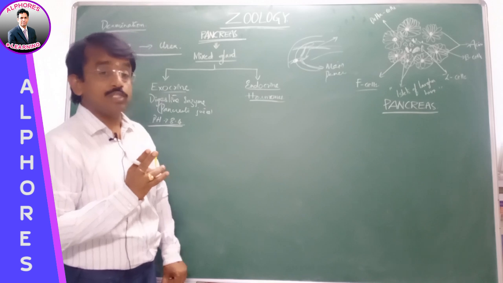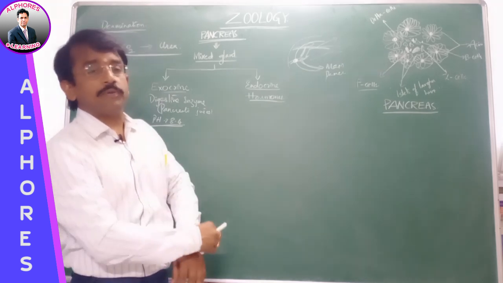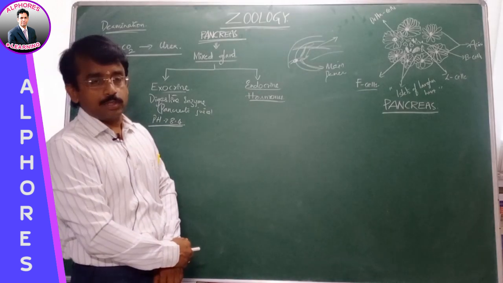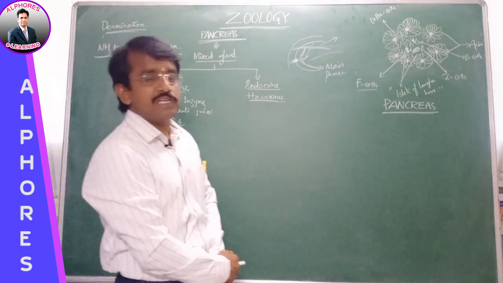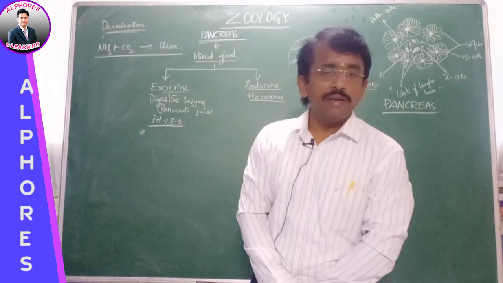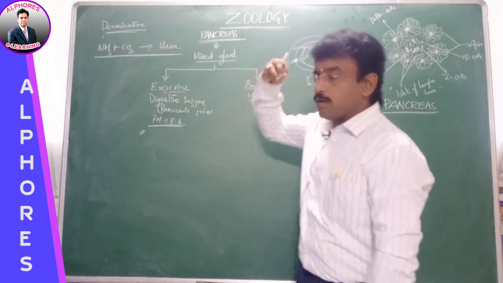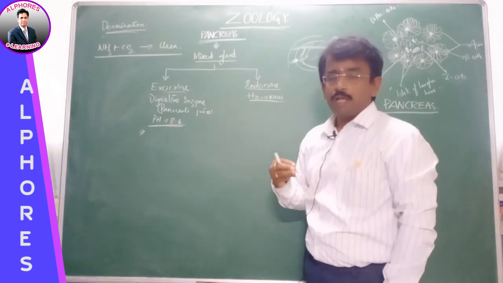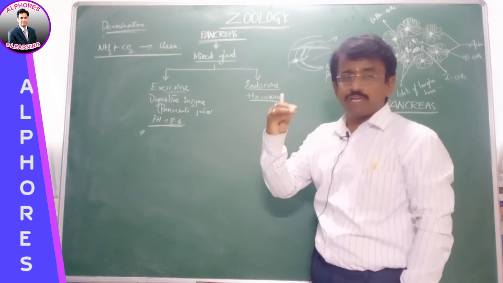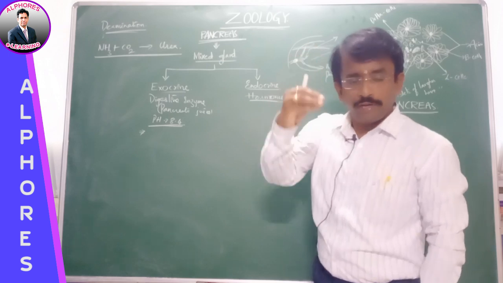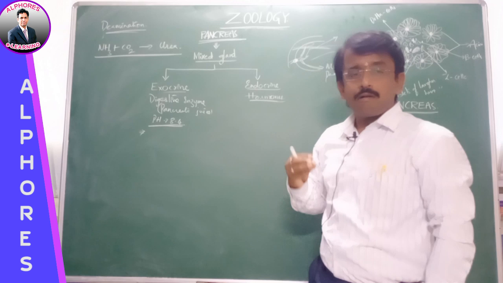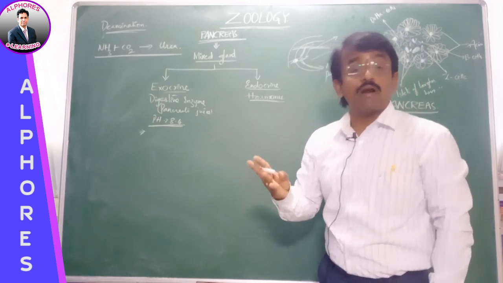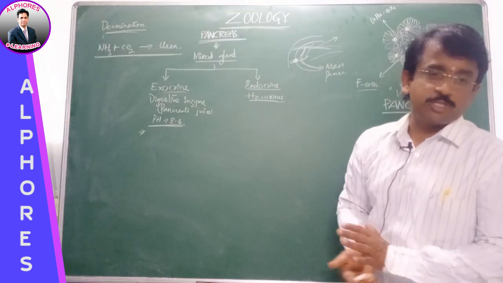Next, it contains carboxypeptidase. It also contains the nucleases, namely DNase and RNase. What we come to know is that the pancreatic juice has enzymes for protein digestion, carbohydrate digestion, fat digestion, and nucleic acid digestion.